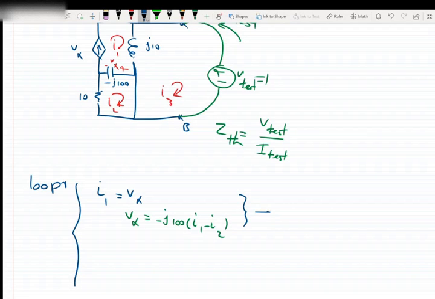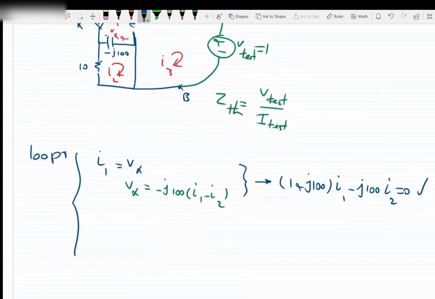So as a result, 1 plus J100 I1 minus J100 I2 is equal to 0. So this one is the first equation.